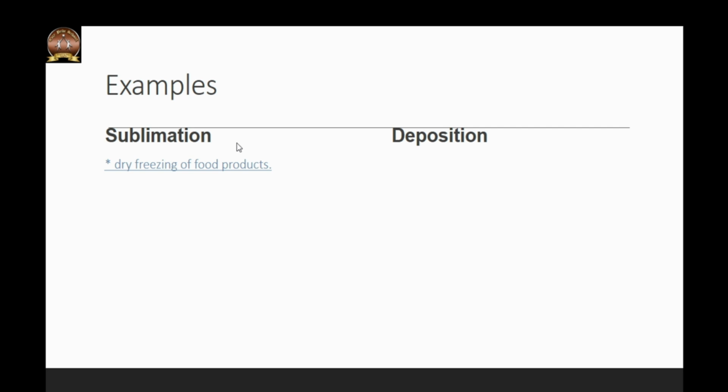Let's see some examples of sublimation. So, what was sublimation? Sublimation is a change of phase in which a solid directly changes into the gaseous phase without undergoing an intermediate liquid phase. A good example of sublimation is the freeze drying of food products.